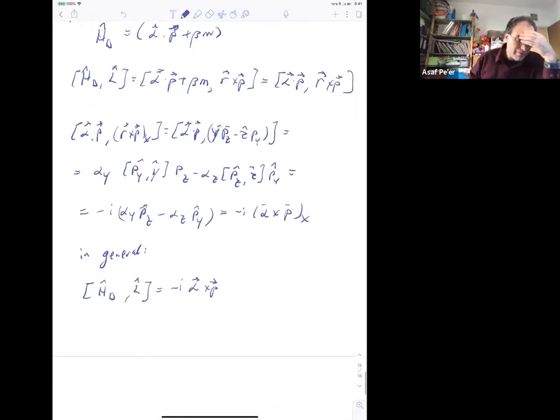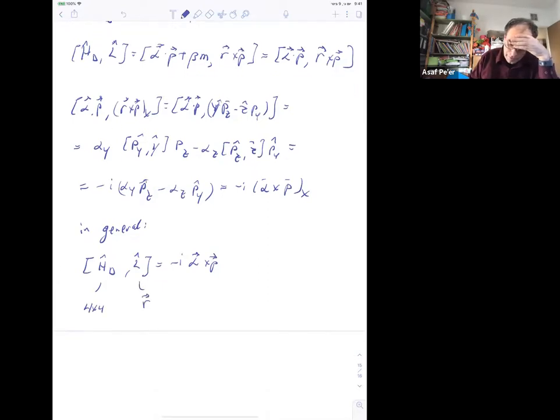H Dirac is a 4x4 matrix. This is a 4x4. This is R cross P, so r cross minus i nabla. So this is a number, right? But in order to make it a 4x4 matrix, we have to multiply it by the 4x4 identity matrix.